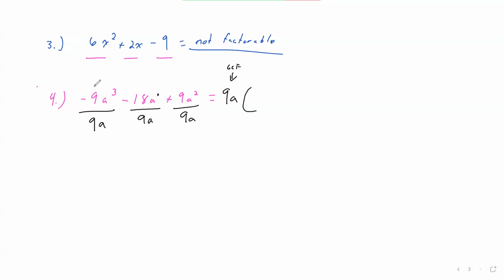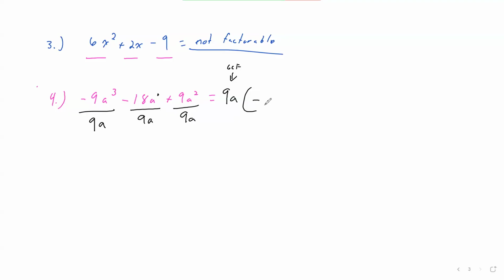So then what is negative 9 divided by 9? Negative 1. In this case, you would do 9 divided by 9, which is 1, and then a negative and a positive makes a negative. Again, you don't typically write the 1. Then a cubed divided by a would be negative what?